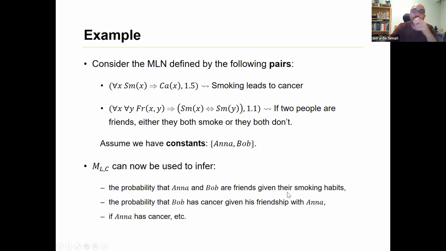Maybe I look at these two people from far away, and I see that they're both smoking, and I have my model. I'll plug it in and say, I wonder if they're friends. So I can do that with this model. Or the probability that Bob has cancer given his friendship with Anna, depending on what evidence I have, if Anna herself has cancer, and so on.